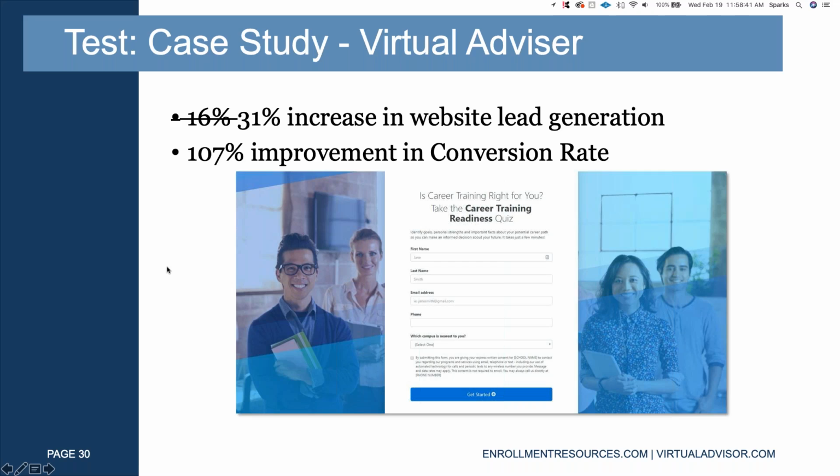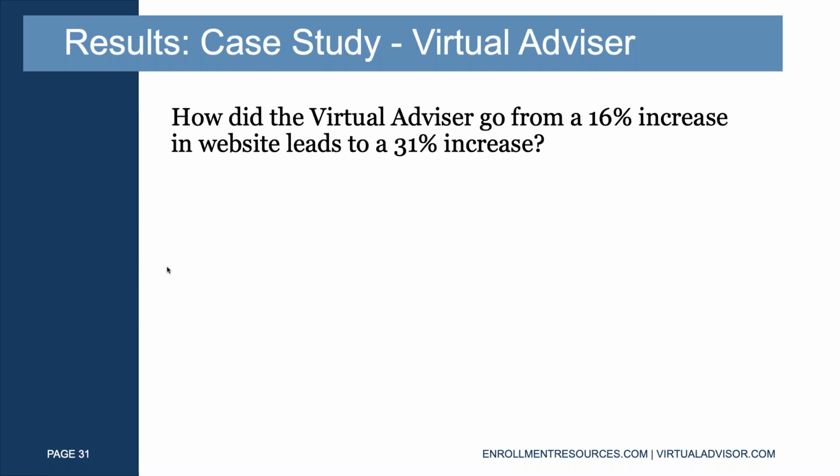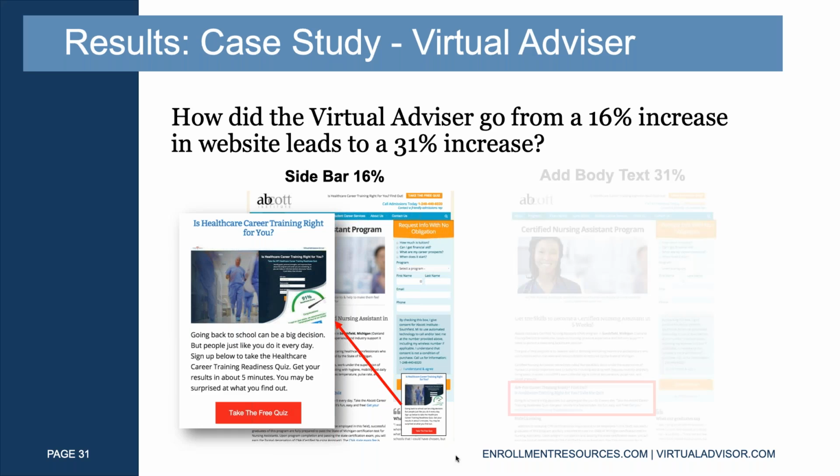How we doubled it was we did some testing. What we found, and this is important because it doesn't apply just to Virtual Advisor, is this: when we promoted it as a graphic on the page, a little mini ad that said "Is healthcare right for you?", that was one result.